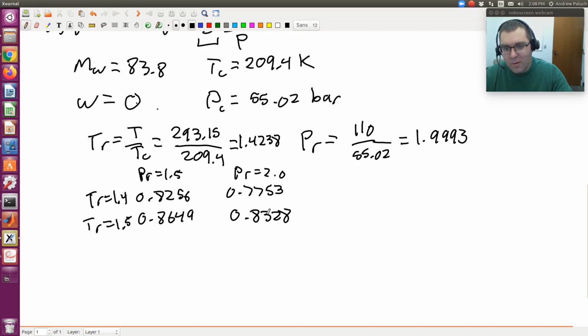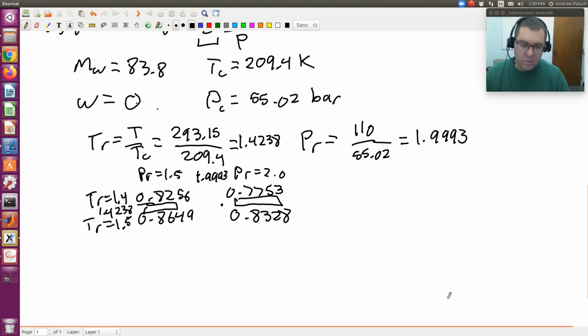I could do the same thing over here where I have a reduced pressure of 2.0. Okay, so I can interpolate defined values here and here for my desired temperature, 1.4238. Then once I have these two values, both of these obtained by standard interpolation, I can then interpolate between these two and these two pressures to find the value at my desired pressure of 1.9993.